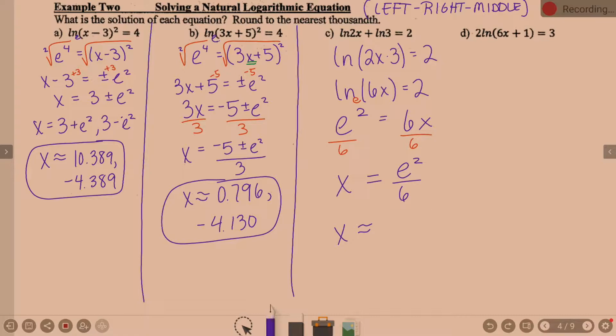Try the calculator, right? I would do e to the second. You have to close that parenthesis after the 2 on my calculator. And then divide by 6. And that will work for my calculator.